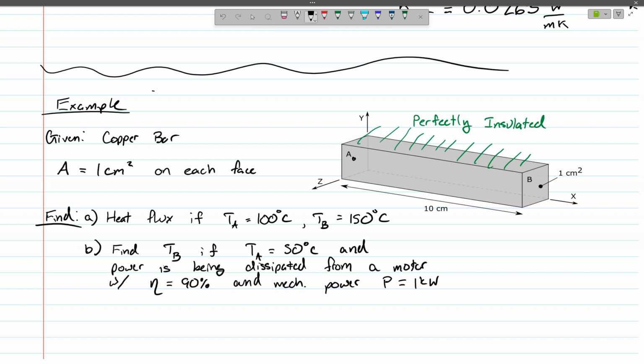So we've got two separate problems that we're analyzing here. Part A, find heat flux. Second one, we are assuming that this is like a heat sink or a heat pipe, something that is there to move energy away from an electrical device.